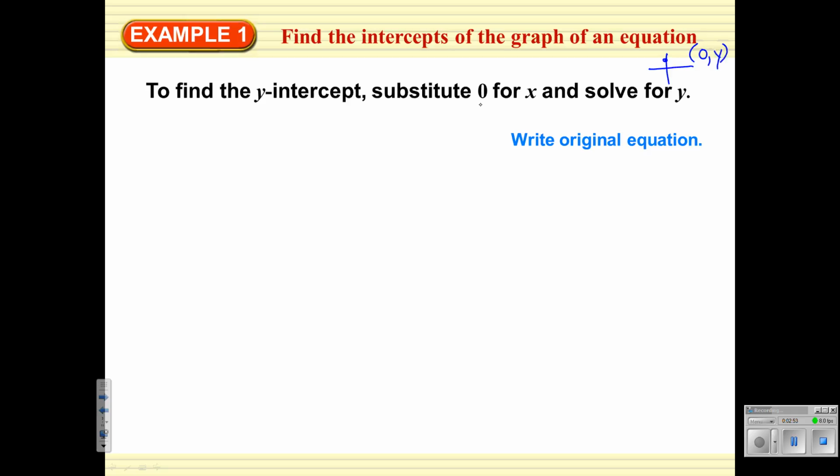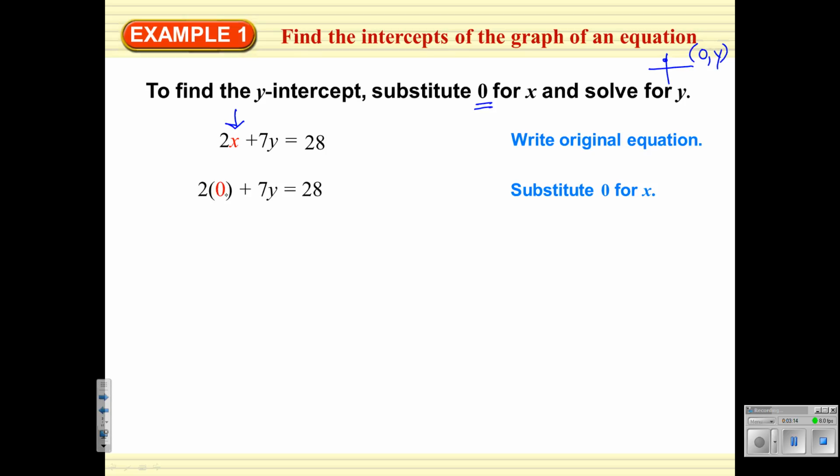So we're going to substitute the 0 in for x and find what y equals when x is 0 to find the y-intercept. You're going to substitute in 0 for the opposite intercept you're looking for. Substitute 0 in for x and solve for y.